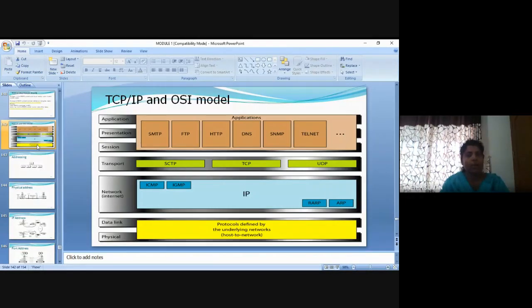Now the next protocol is ICMP. ICMP means Internet Control Message Protocol. This is used by hosts and gateways. Gateways are nothing but interconnecting devices.